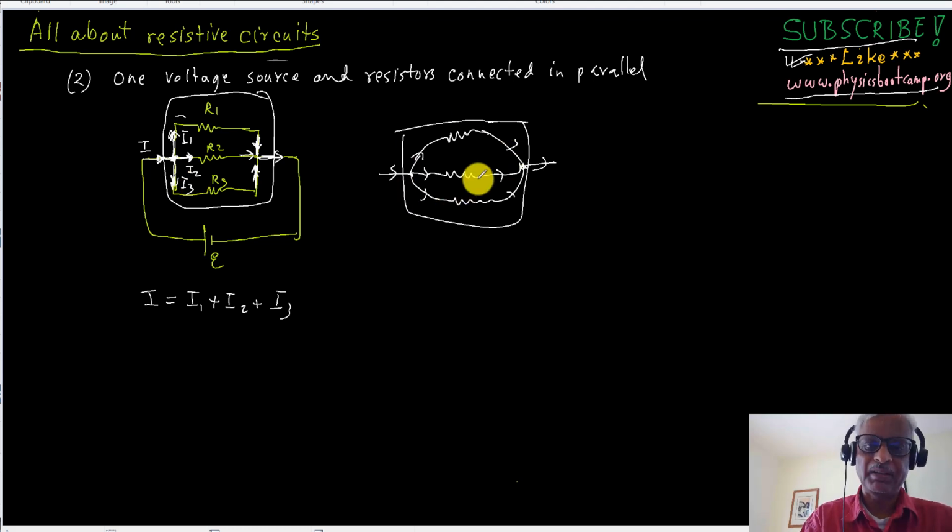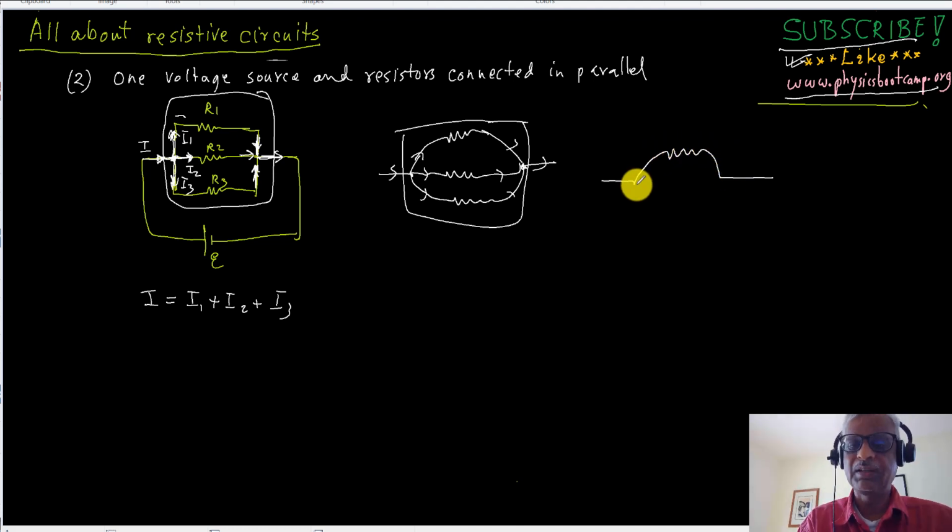Now this is parallel, but here is something that will not be parallel. This looks like parallel, but suppose I go here and maybe have two of these, so these together become a parallel.